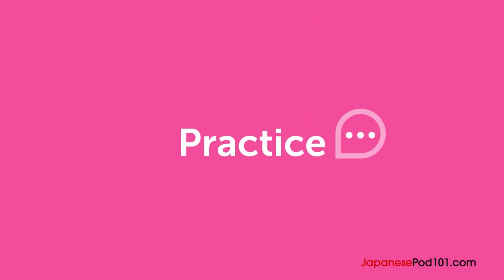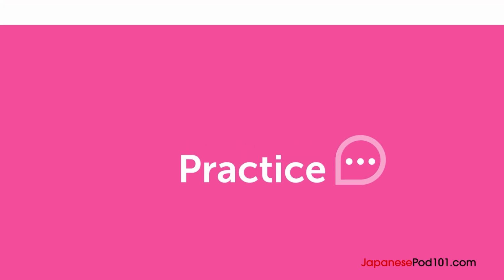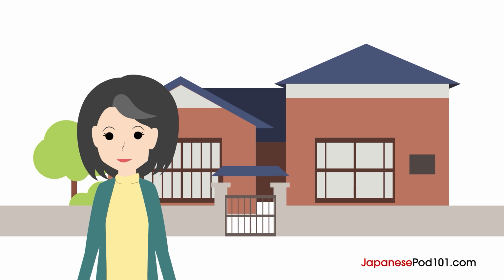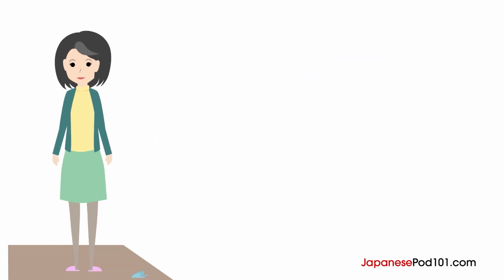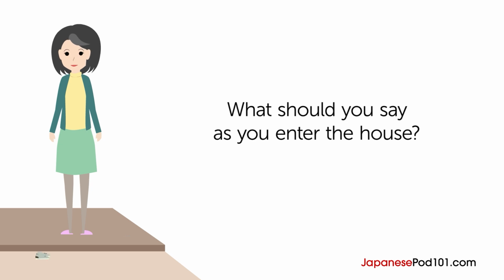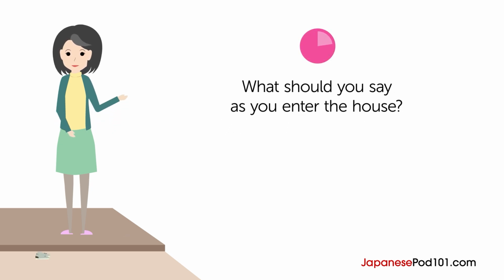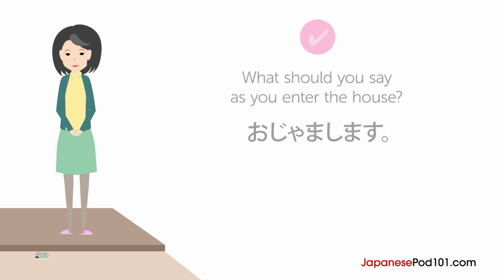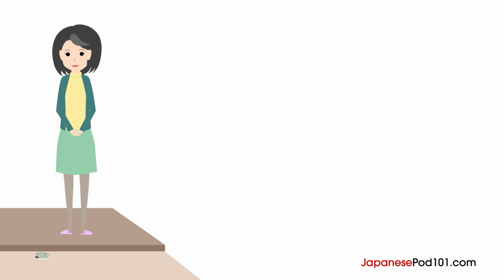Now, it's time to practice your new ability. You're visiting your friend's house. Ready? Here we go. You've just entered the house. What should you say as you take off your shoes? お邪魔します。You have a small gift for your friend's mother.